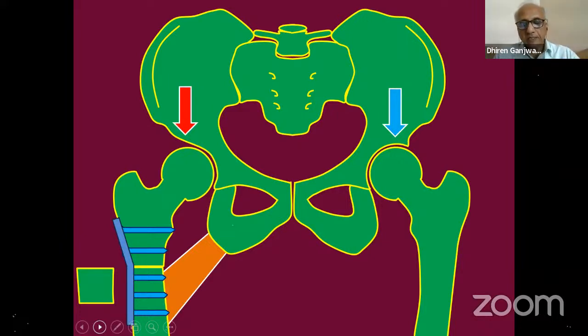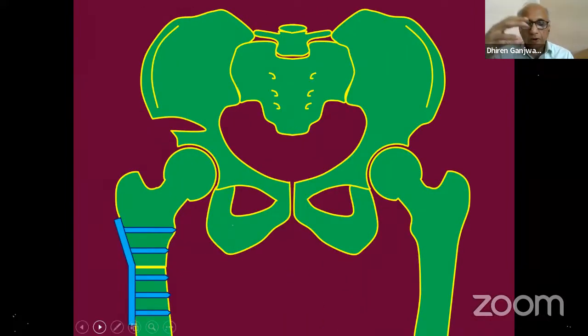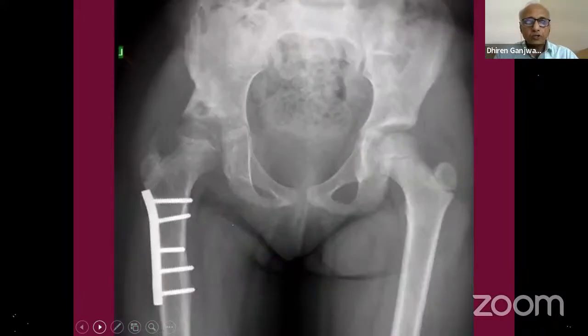If we want a good long-term result, we need to carry out an acetabular procedure, and we need to deepen it and make the roof of the acetabulum adequate so that the hip is stable and the hip develops perfectly well. We put in a graft, and this is the situation. The child is kept in a plaster for 3 months. This is a post-operative X-ray, which shows that the hip is now well reduced and in position.